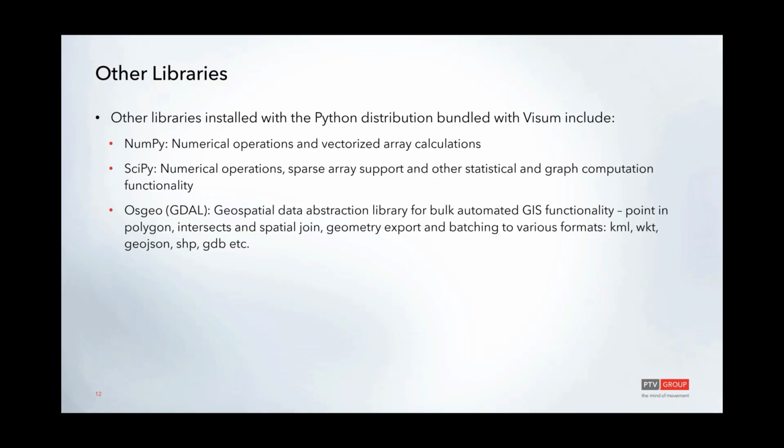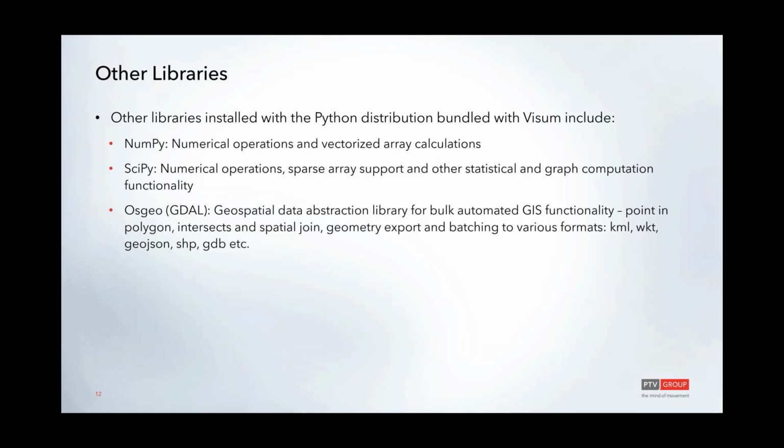Another important library that we also package with our distribution of Visum is the Osgeo flavor of GDAL. And this geospatial data abstraction library is very useful for bulk automated GIS functions. This might include buffering, point in polygon type of operations, intersects and spatial joins, and then it also provides functionality for translating geometries into different formats of files.